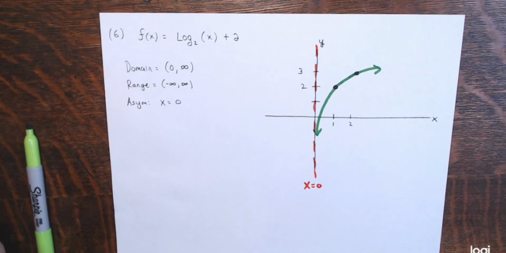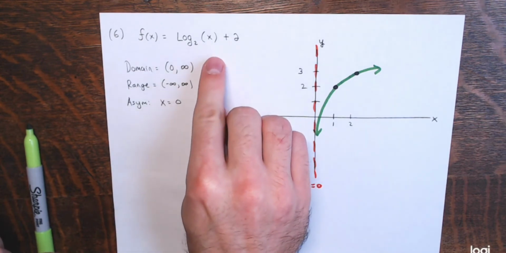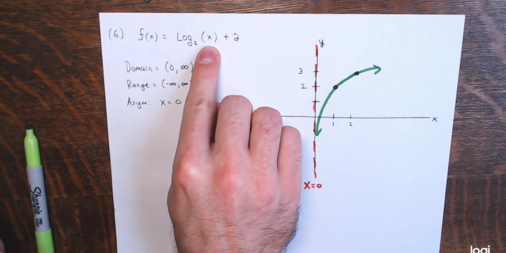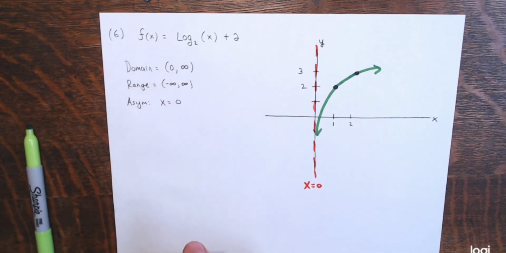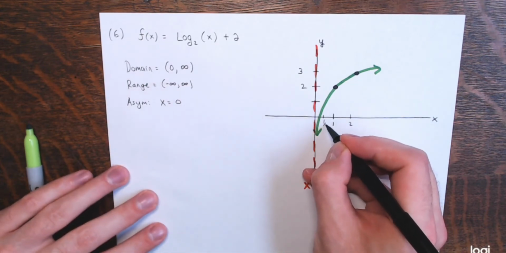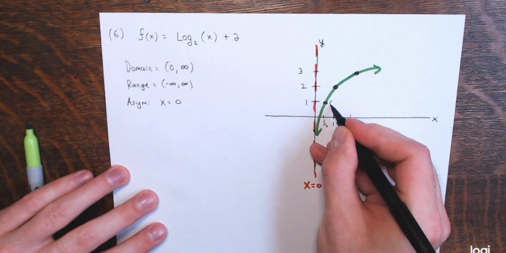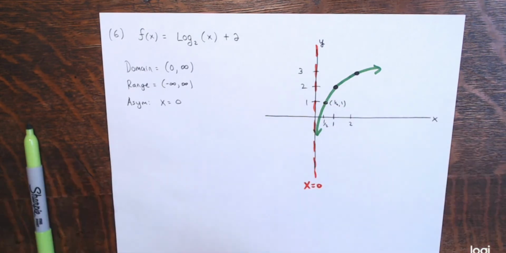If I plugged in a half, the log base 2 of a half would be negative 1, plus 2 would be positive 1. So (1/2, 1) should be on this. You could plug other points in too, just to get a little better idea of the graph. But once you know 2 points and the asymptote, you should be able to make a rough sketch of any logarithmic function.